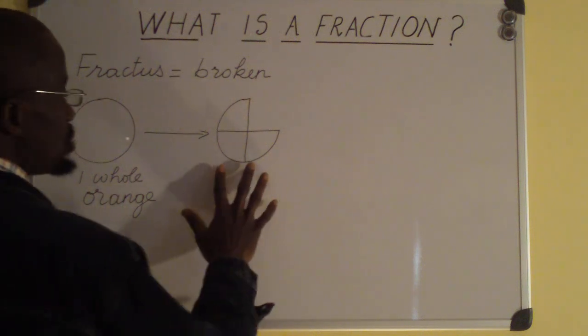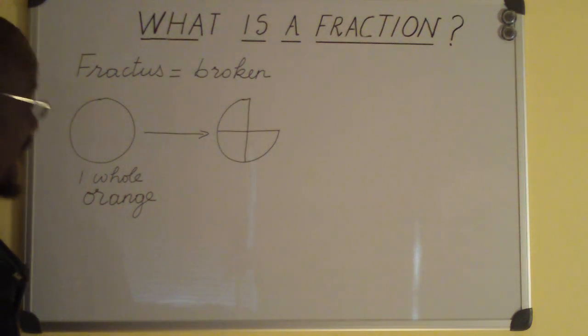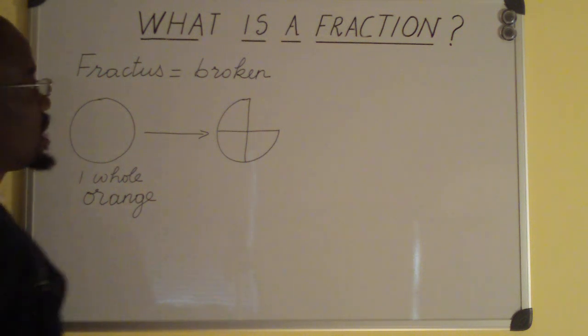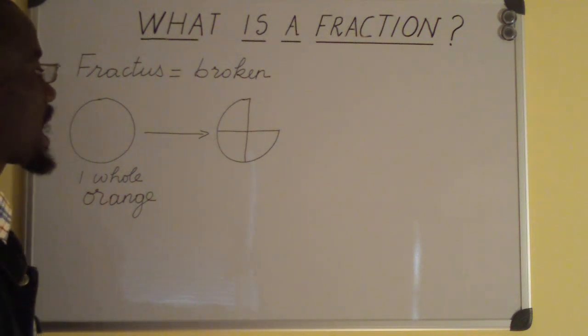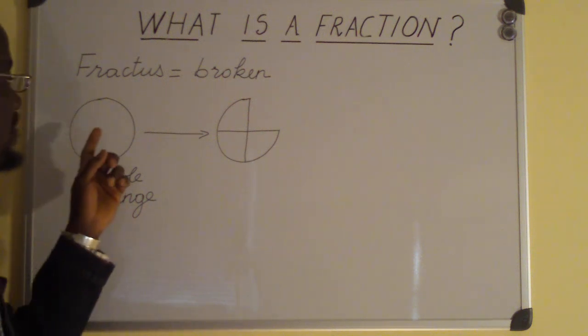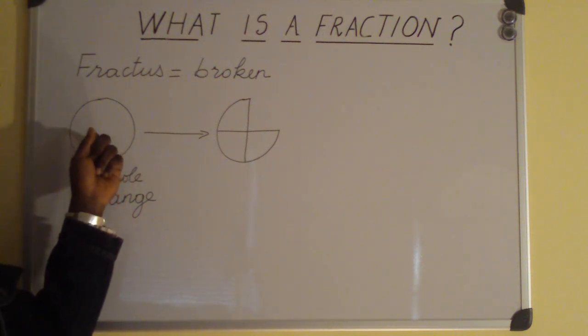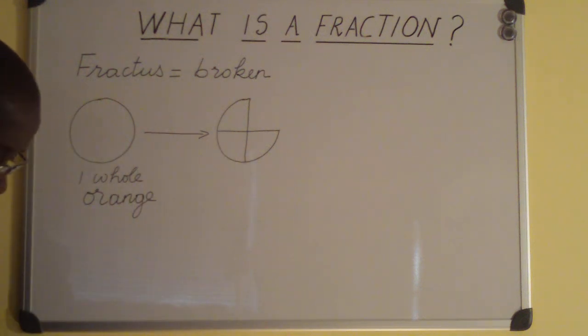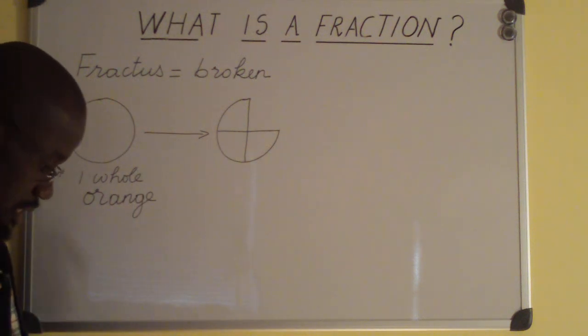In order to represent this quantity, I have to answer 2 questions. The first question is, in how many parts have I divided my original whole orange to obtain the broken quantity here? The answer to this question is the following.